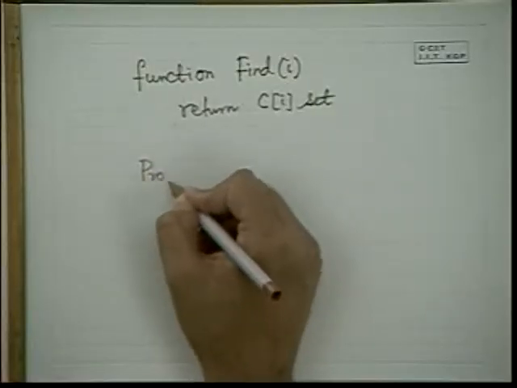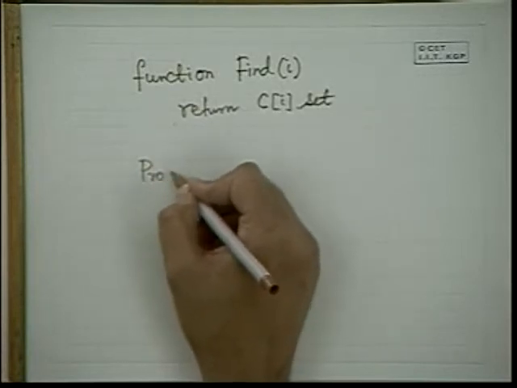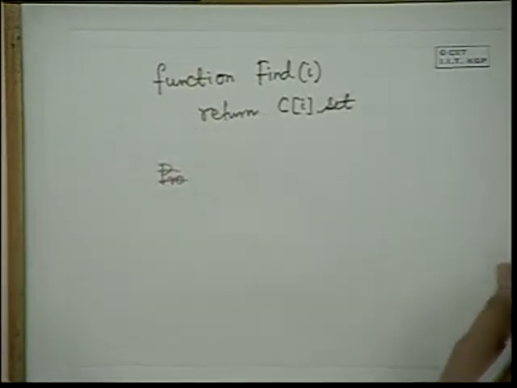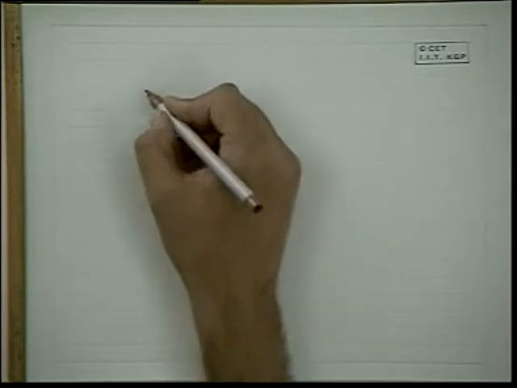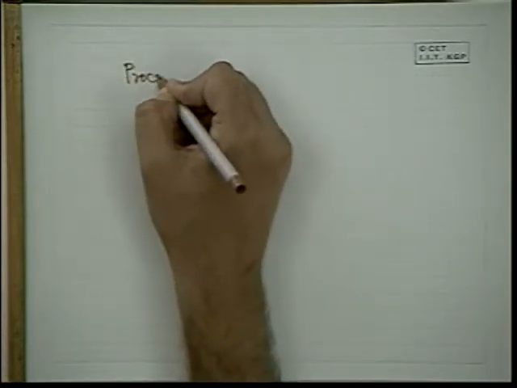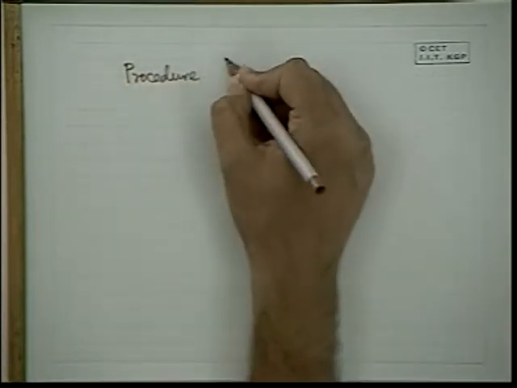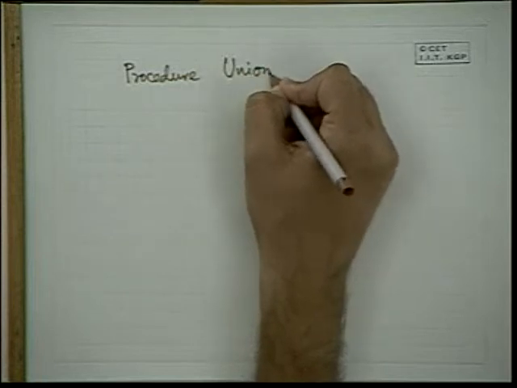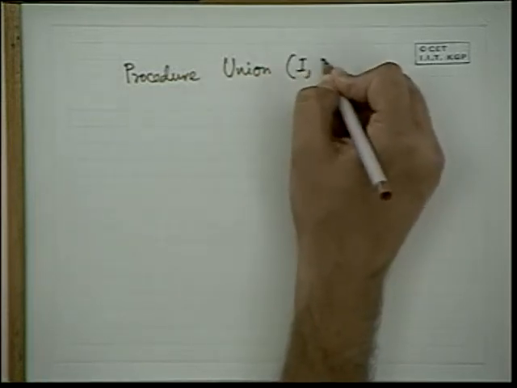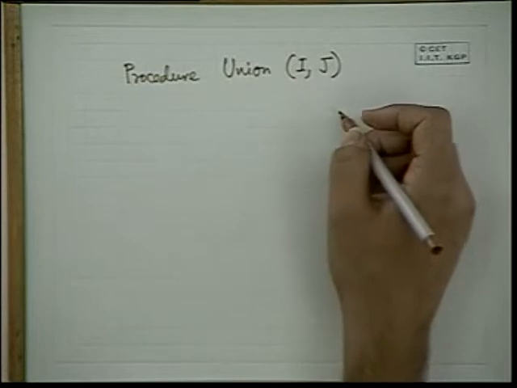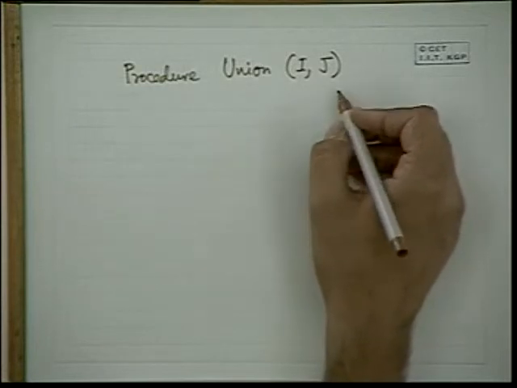Now comes the procedure for union. Let me write this one in a separate slide because otherwise I will not have enough space. Procedure union(i, j). These are the two sets which we are going to merge into a single one.